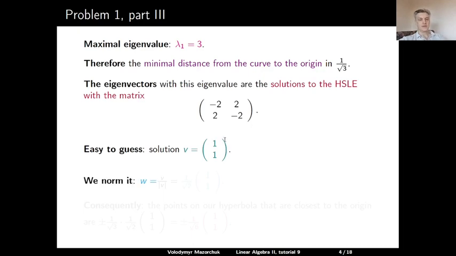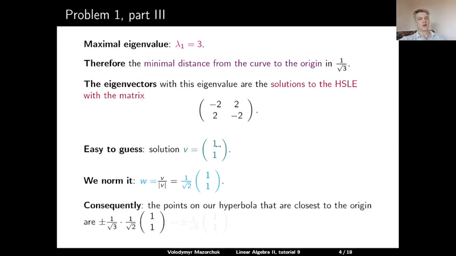We norm it, so we take the vector v and divide by its length. So the length here is the square root of 1 squared plus 1 squared, which is the square root of 2. So the normed eigenvector is 1 divided by the root of 2 times (1, 1). And so the points on our hyperbola that are closest to the origin are exactly the points we get when we take this normed eigenvector and multiply with plus minus the distance to the origin.